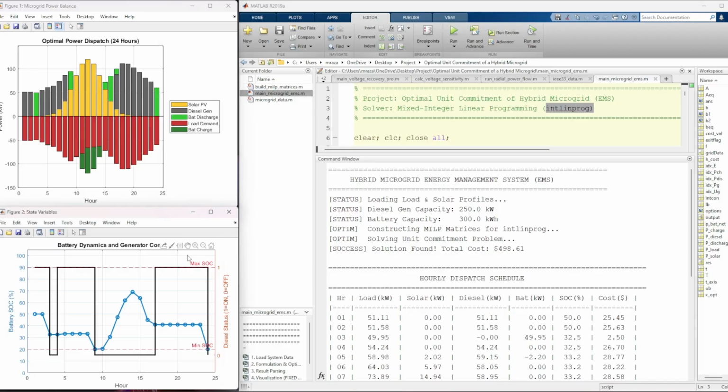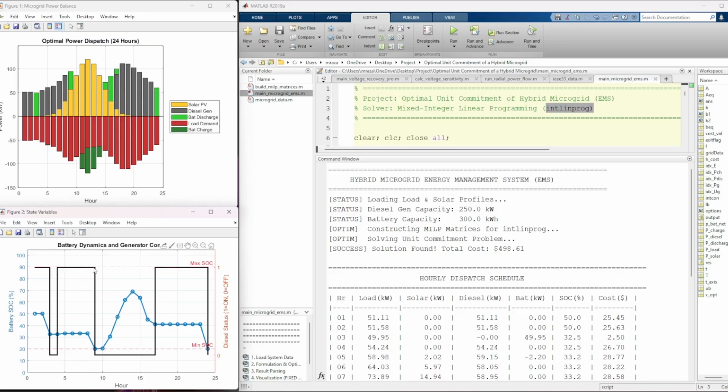And in the figure below, you can see the red dotted line, which is the minimum SOC, the minimum level for our batteries, and at this point we have the maximum SOC of 90%.